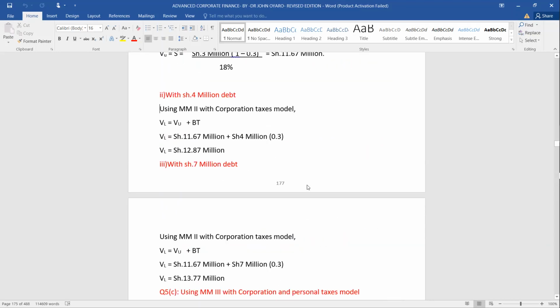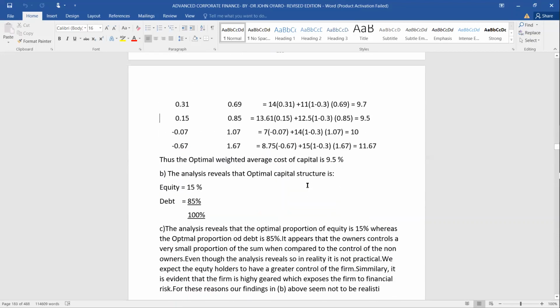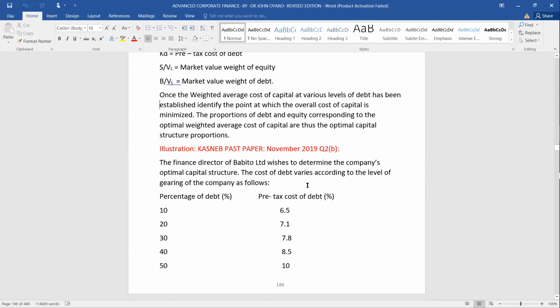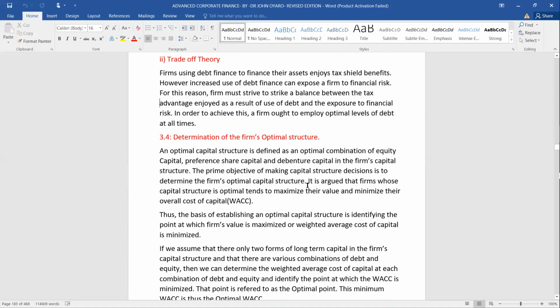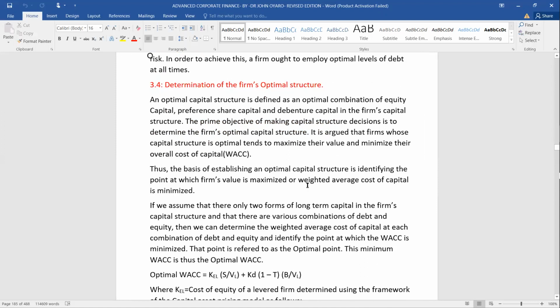Now, in this discussion, we make a fundamental assumption that there are only two elements in the firm's capital structure. Please let that point be very clear. I know capital structure has many components, like ordinary share capital, reserves, debenture capital, preference share capital.